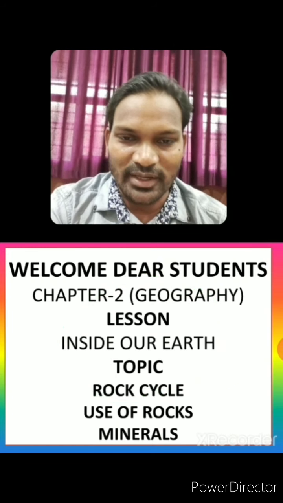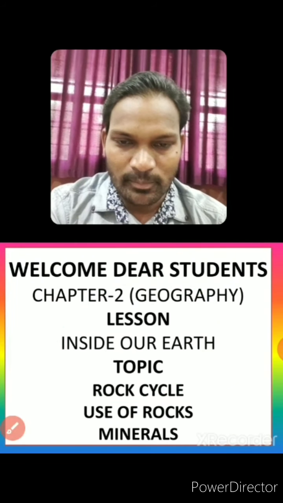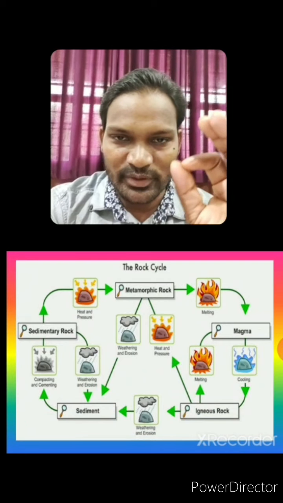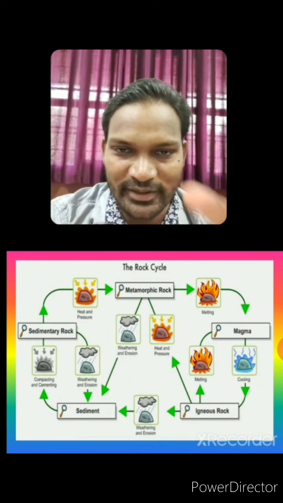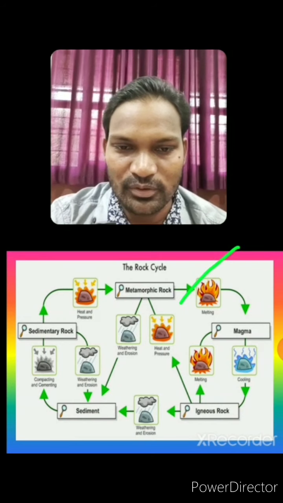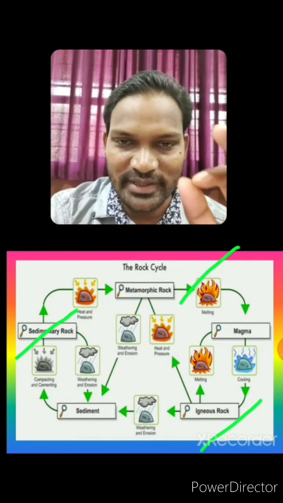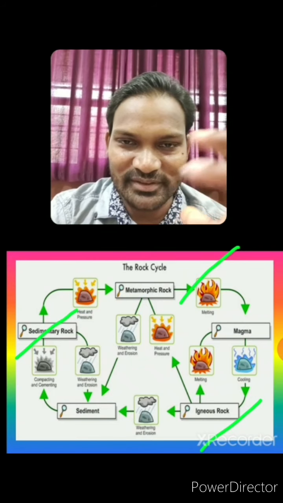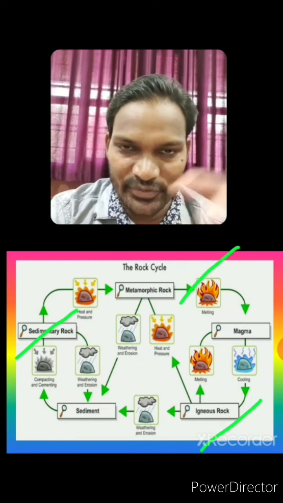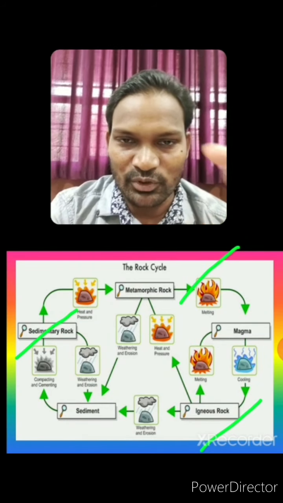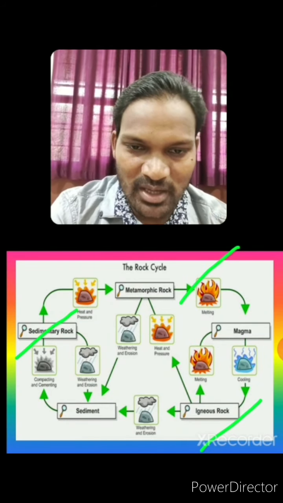Let us go to the next topic, beginning with the rock cycle. You can look at these pictures carefully: metamorphic rock, igneous rock and sedimentary rock. This is the rock cycle, my dear students. How it is getting melted, how it is getting transformed because of the pressure, the heat, the magma and all this.